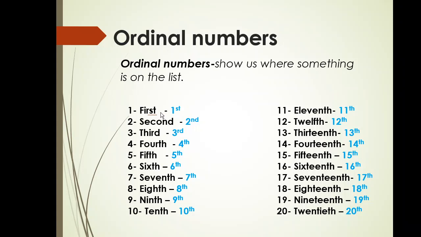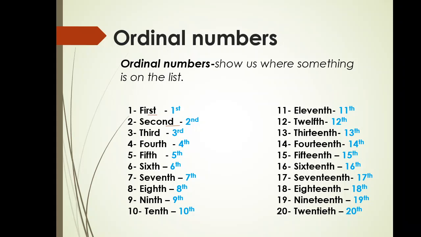Here you put ST, 1 and then ST, that means first. And then second, you write the number and then the last two letters. Here you put N and D, and then you read it second.